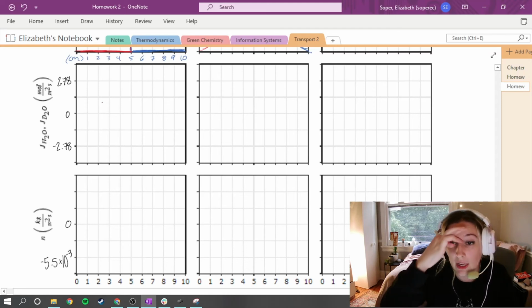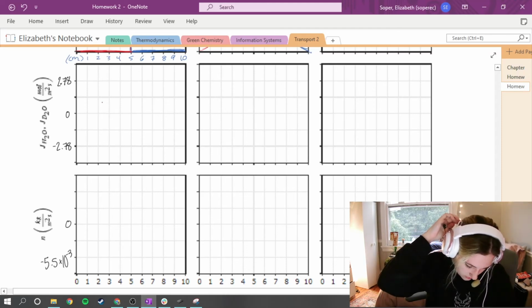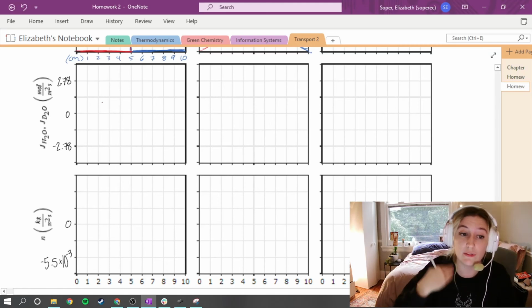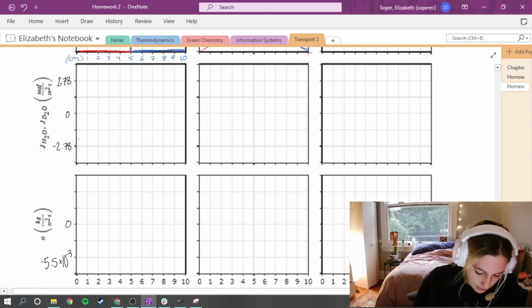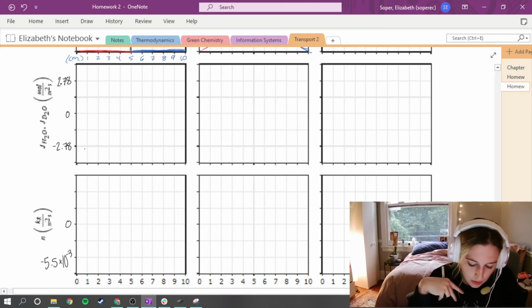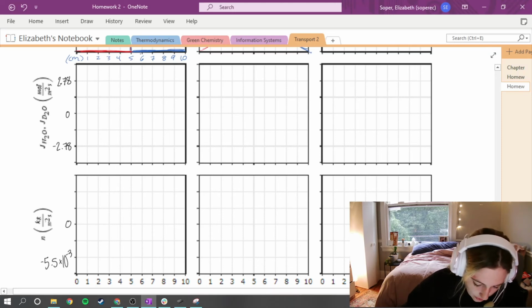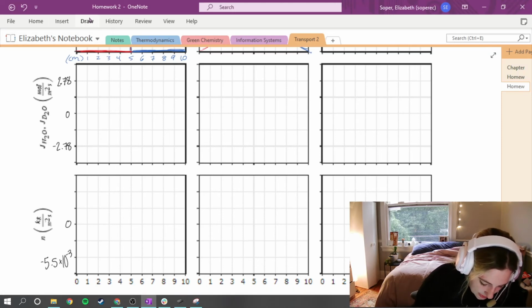So next we have the molar diffusive flux. And in the problem it says that at t equals 0.1 seconds, the max molar diffusive flux is negative 2.78 moles per meter squared seconds.